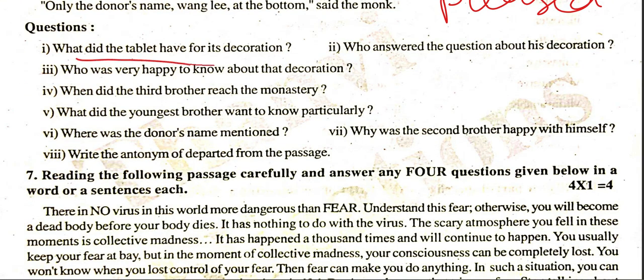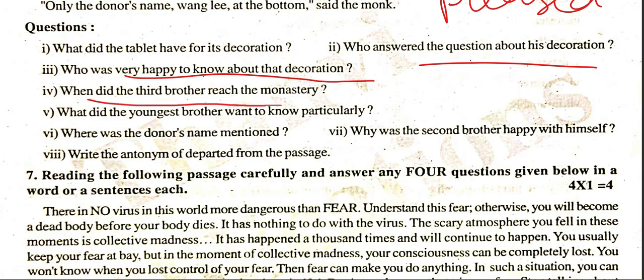Number 1, what did the tablet have for its decoration? The tablet had floral decoration. Who answered the question about the decoration? The monk answered the question about the decoration. Who was very happy to know about that decoration? The second brother was very happy to know about the decoration.